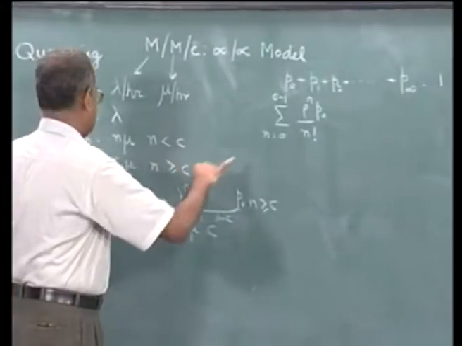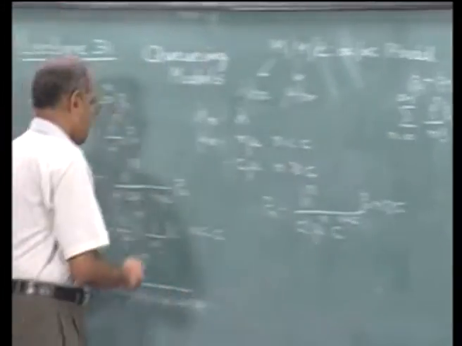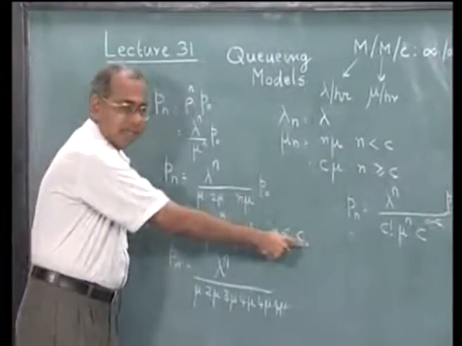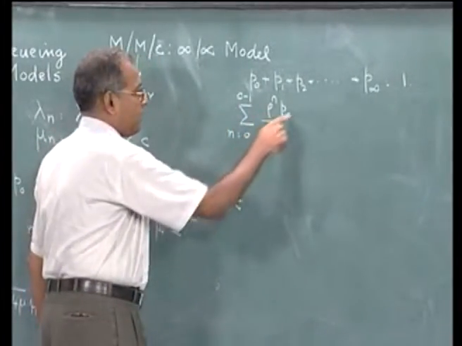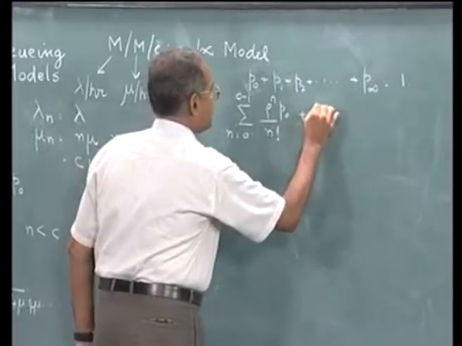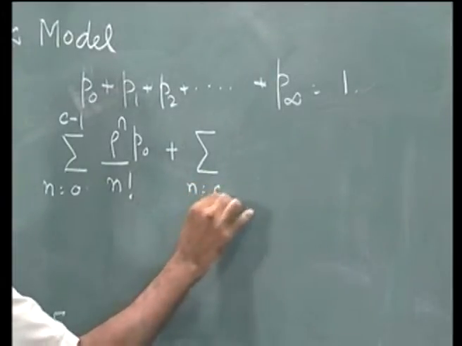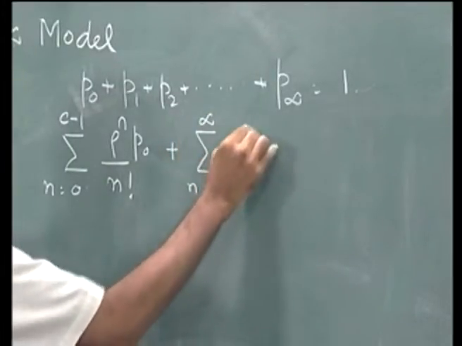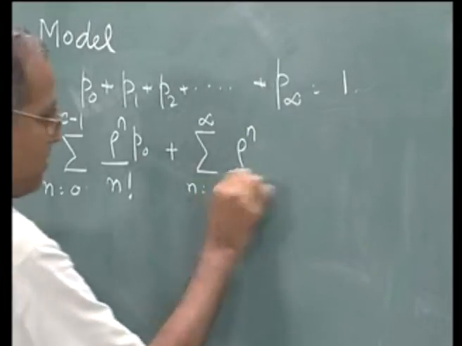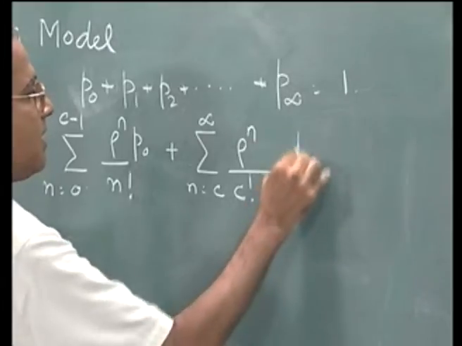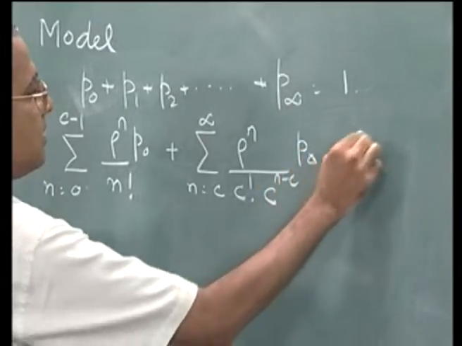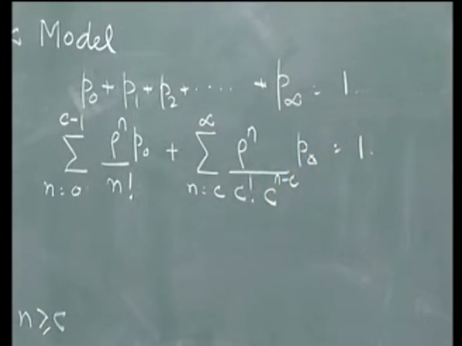So, n equal to 0 to c minus 1 rho power n by n factorial P naught plus sigma n equal to c to infinity rho power n by c factorial c to the power n minus c P naught is equal to 1.